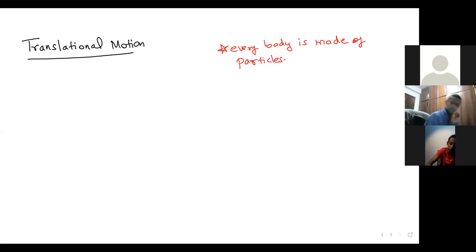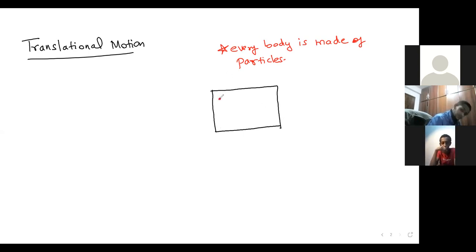I was talking about my phone. Can I say my phone is actually made of many particles? Let's say particle 1, particle 2, particle 3, many particles. I'm just naming a few of them, not all of them, otherwise the lecture will end and I will still be naming the particles, okay?